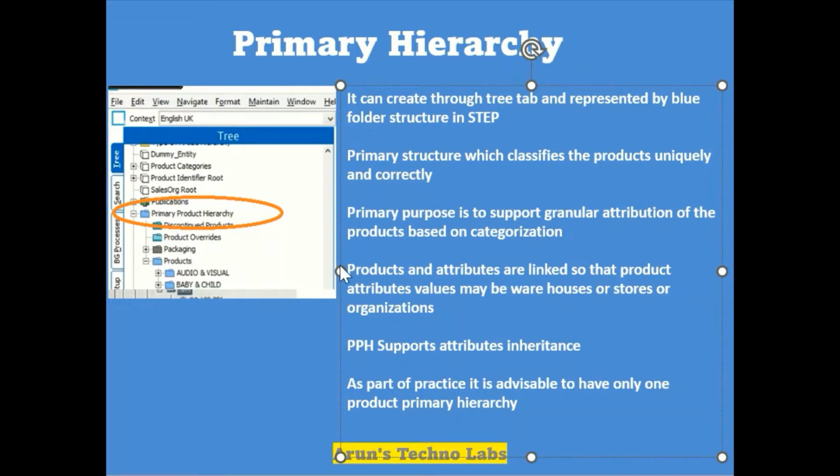This is symbolic, so we can easily identify it. It is linked to the product attributes. It can be warehouses, stores, organizations, and as stated before, it also supports attribute inheritance.